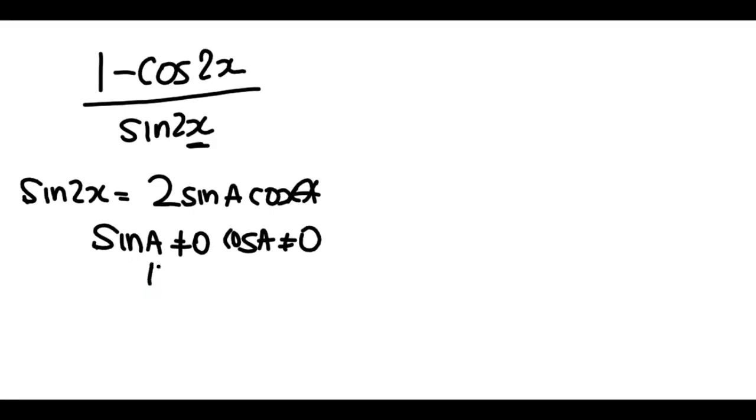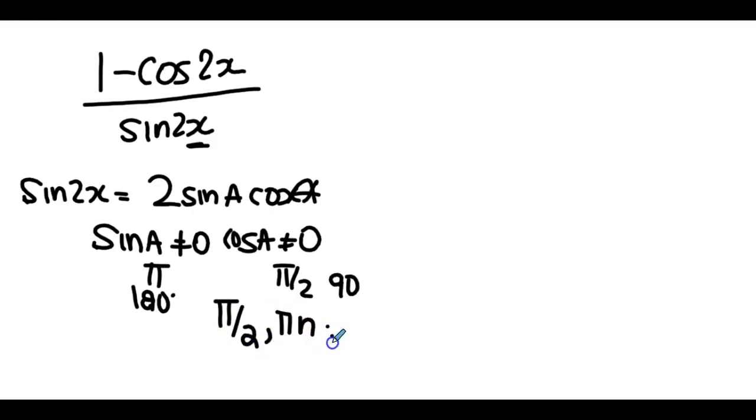The sine one is 180, and the cos one is 90. You could write that as 90, 180, dot dot dot, or as half pi, and then pi n, and keep going. So that's the non-permissible value.